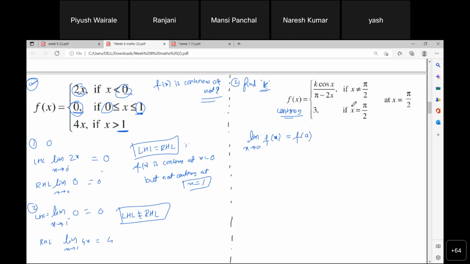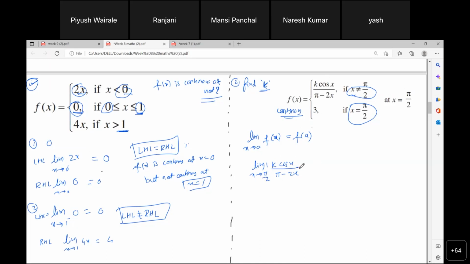So here we have to check for x equals to pi by 2. To calculate this for a particular function, it is k into cos of x upon pi minus 2x, right? So this function is not defined at x equals to pi by 2. So how to evaluate this?